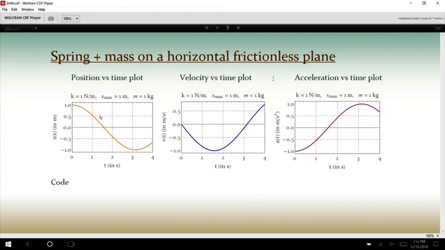Using this information, we have plotted the position as a function of time, position in meters, time in seconds, then velocity in meters per second versus time in seconds, and finally acceleration, in meters per second squared, versus time in seconds.